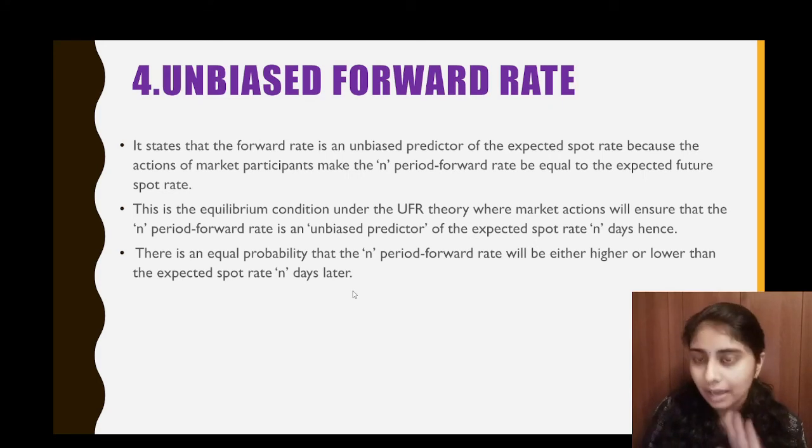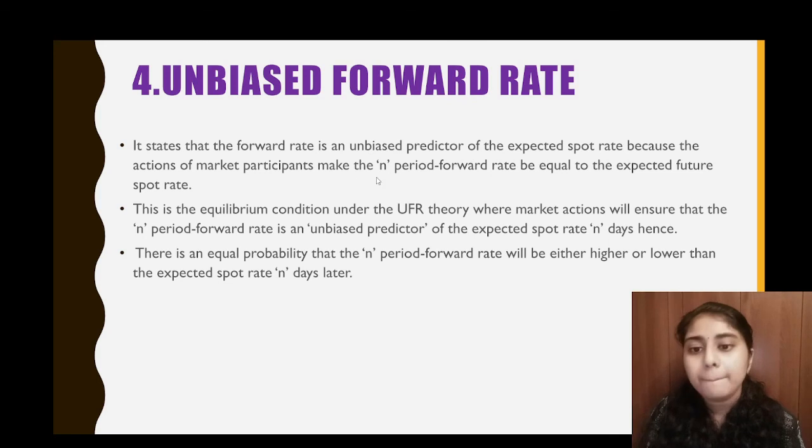The next and last topic is the unbiased forward rate. The unbiased forward rate theory states that the forward rate is an unbiased predictor of the expected spot rate, because the action of market participants makes the end period forward rate equal to the expected future spot rate.